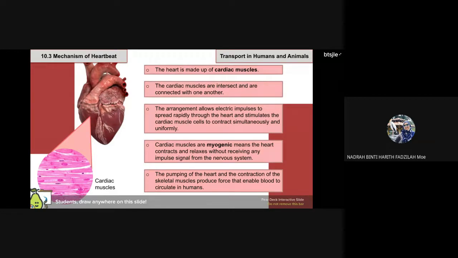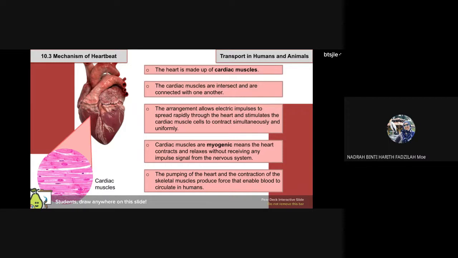Dan satu lagi kita akan fokuskan kepada what are the characteristic of the cardiac muscles, and also since we are talking about contraction of muscle, kita akan juga bercakap mengenai nerve lah, sebab muscle dia contract bila dapat stimulation daripada nerve. So bila kita cakap pasal contraction of cardiac muscle ni, kita kena sebut juga mengenai peranan impuls lah.